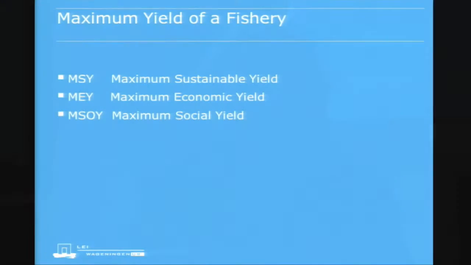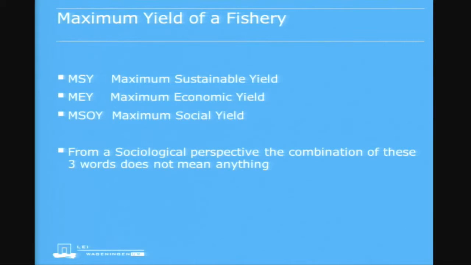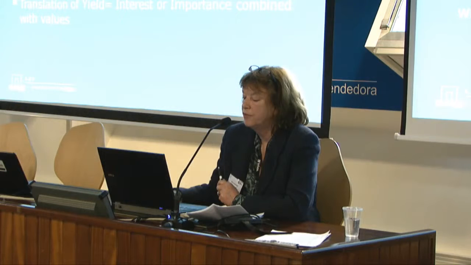Okay, here we have this row. First we had maximum sustainable yield, maximum economic yield, and now more or less suddenly there is the maximum social yield, and it sounds very logic. However, from a sociological perspective, the combination of these three words, maximum social yield, does not mean anything. I translate the word yield in the combination of interests and values.